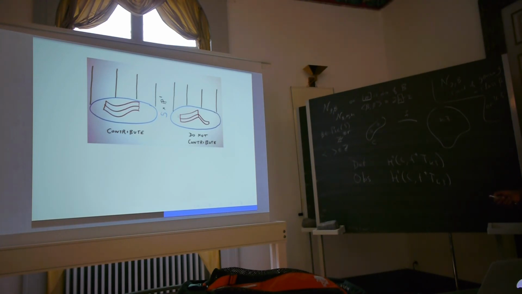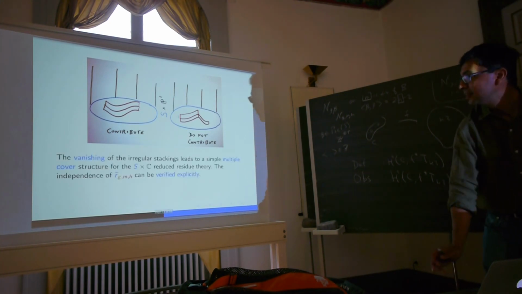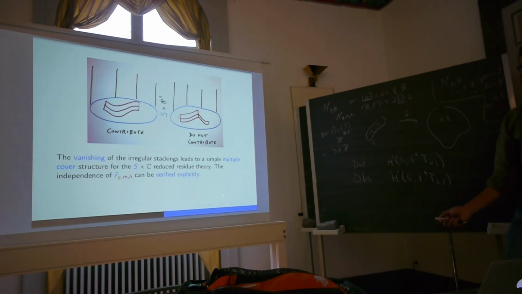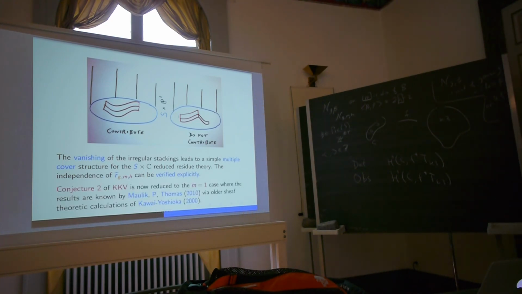If you look at S cross P1 in the multiple covers, only the ones that are stack clean contribute. You can just show some vanishing. The outcome is that we can explicitly verify this multiple cover structure that is proposed by Katz-Klemm-Vafa. That gives the proof.